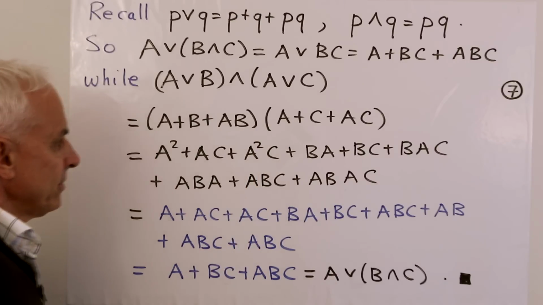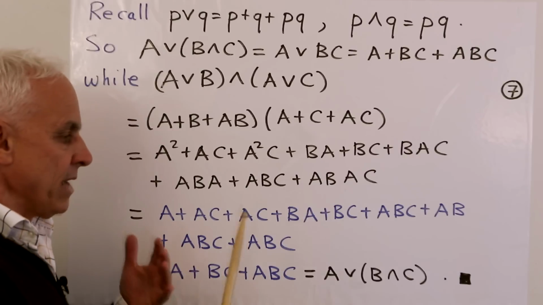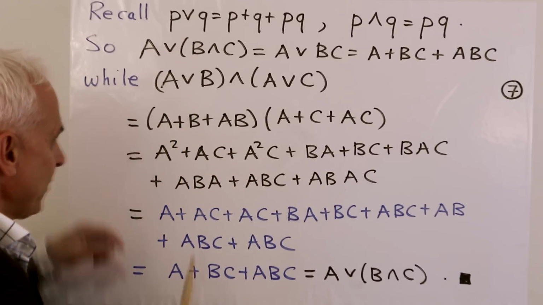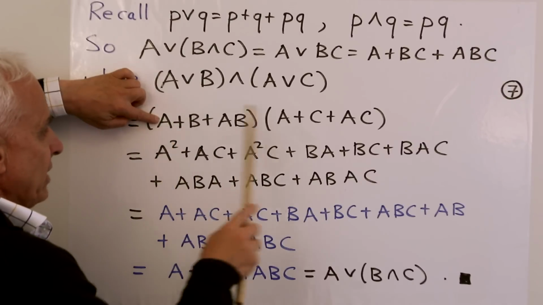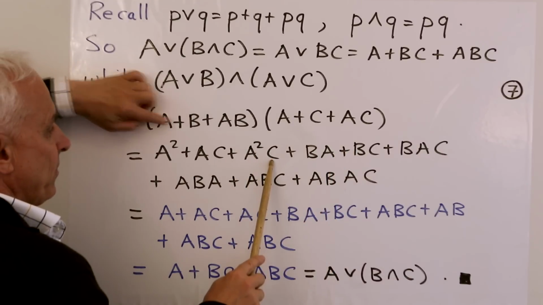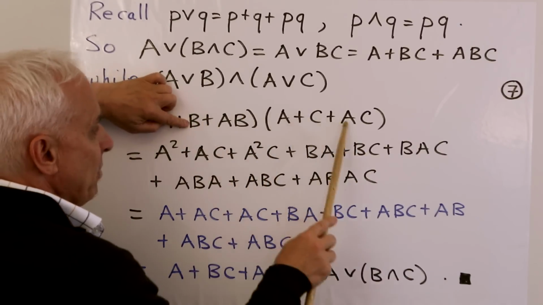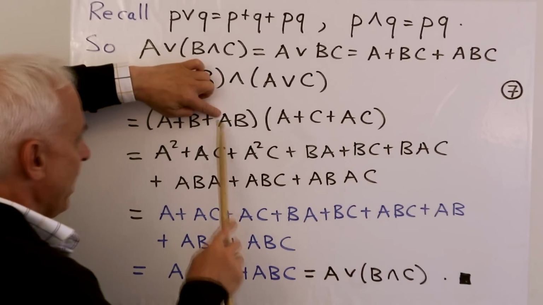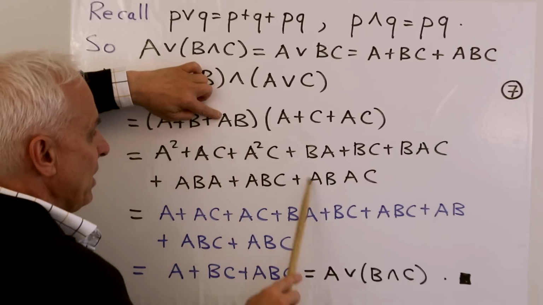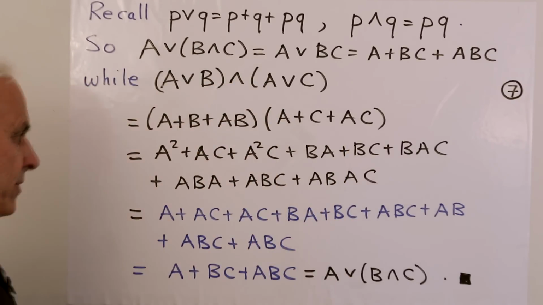Now we're doing the algebra of Boole, so we're going to expand using the distributive law. A times A is A squared. A times C is AC. A times AC is A squared C. And then B times A is BA, and then we have a BC, and then we have a B times AC. And then we have an AB times A, an AB times C, and an AB times AC, just using the distributive law.